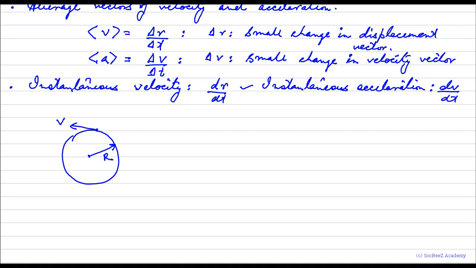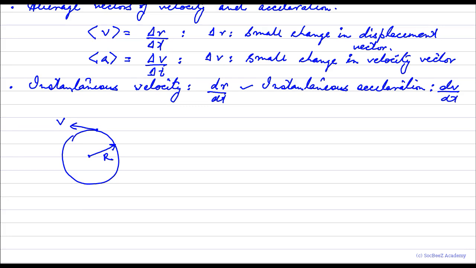Now at this particular point the body is going to have two accelerations. One acceleration would be the tangential acceleration, which would have the direction same as that of the velocity vector, and the second acceleration would be the normal acceleration, which would be radially inwards towards the center.